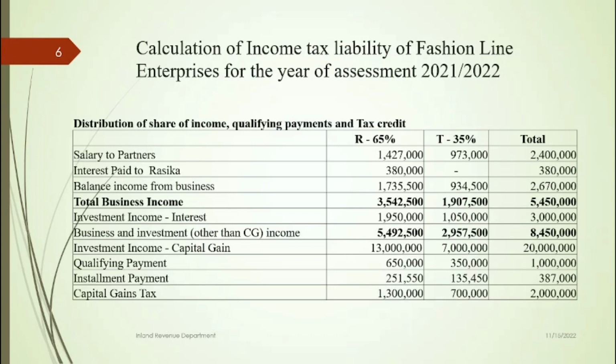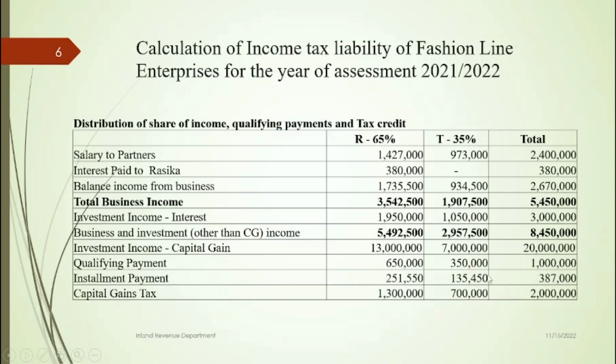Then we can allocate interest income to the partners. Total interest income is 3 million. We can allocate this 3 million to partners at their profit sharing rate. So 1,950,000 will be to Ms. Rasika and 1,050,000 will be to Ms. Tilaka.